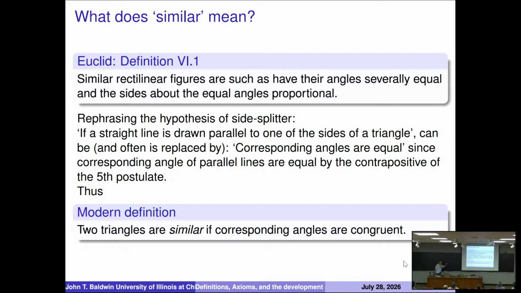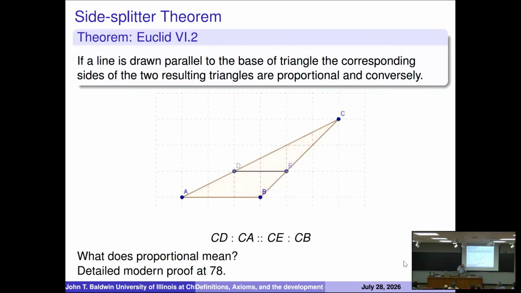And he doesn't say silly things about when I say similar; that was not his hypothesis. His hypothesis is that these two lines are parallel. But that's essentially the same thing by the fifth postulate as saying the corresponding angles are equal. And that's the way we think of it today.